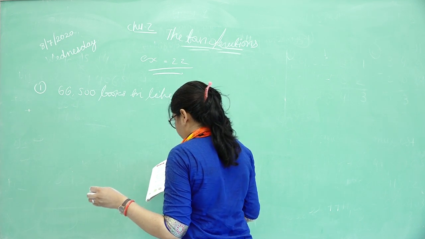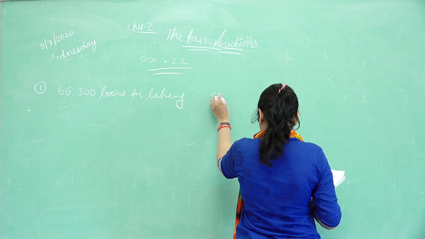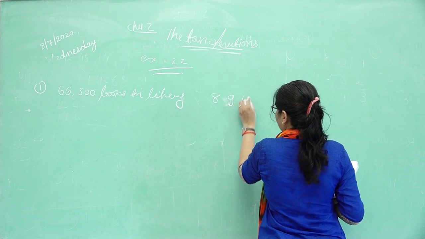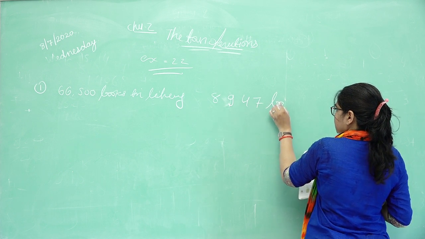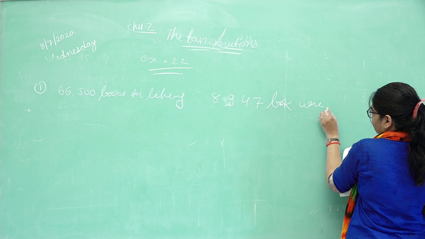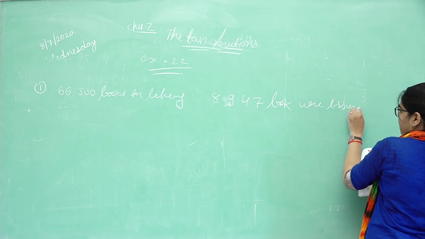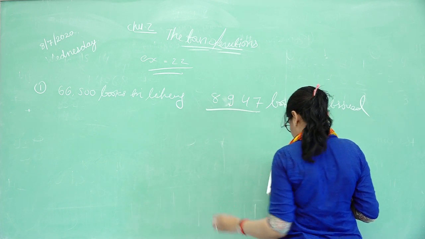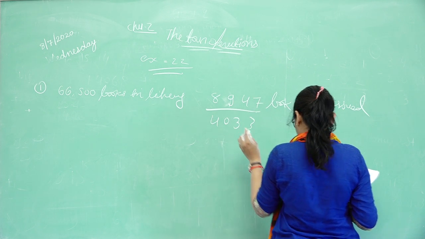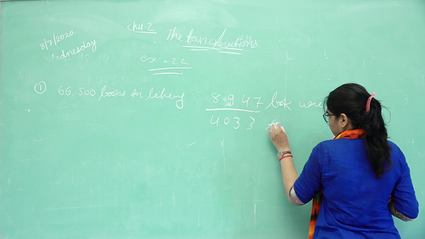Okay, then after 8,947 books were issued. How many books are issued? This one. Okay, then 4,033 given to the teachers.